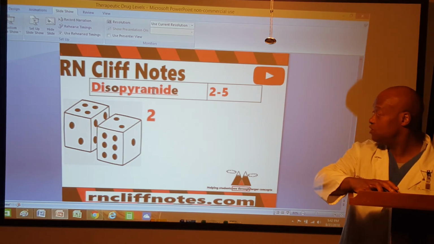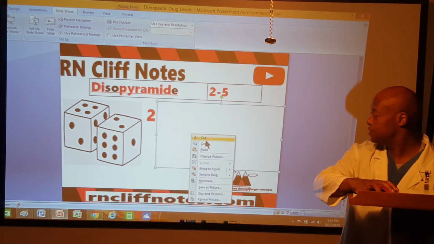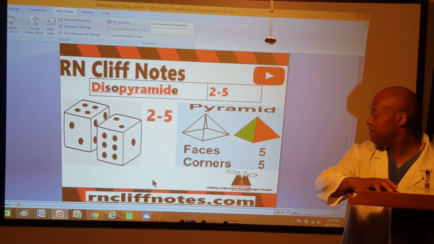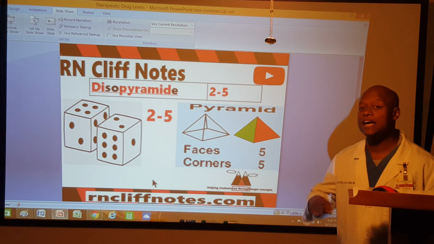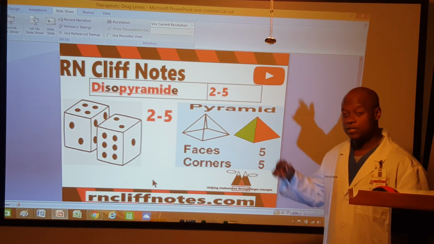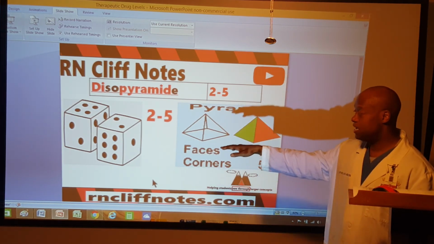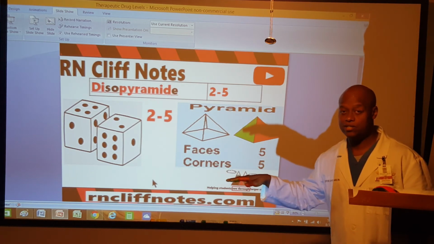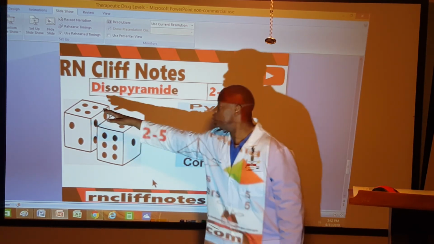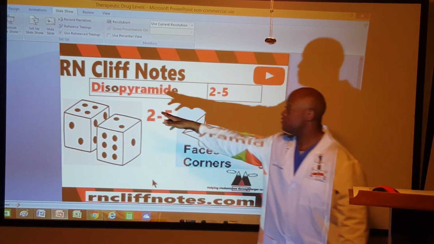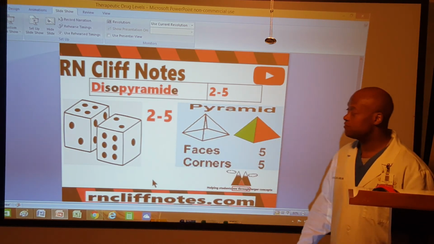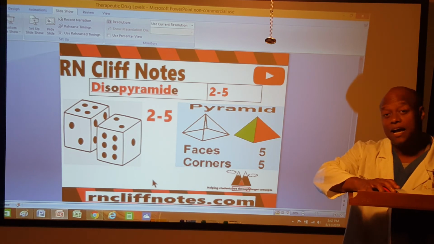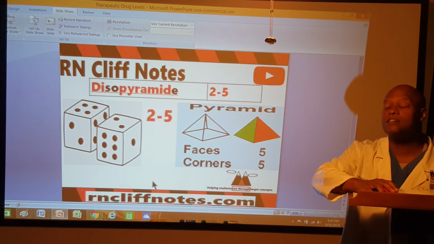That total would be 5. 5 faces and 5 corners on a true pyramid, counting all sides. So within this medication's name, it's telling you its range: 2 to 5. That's found in that specific shape, 5 faces and 5 corners. Not bad. Study smart.